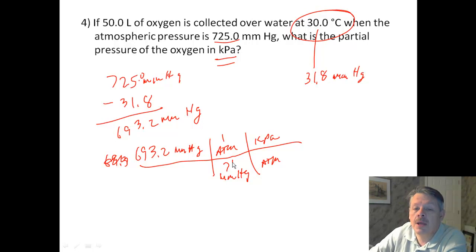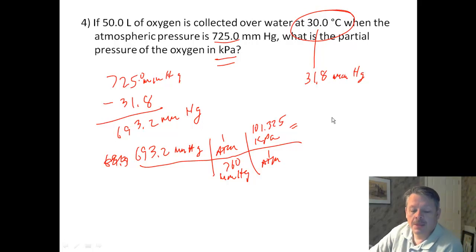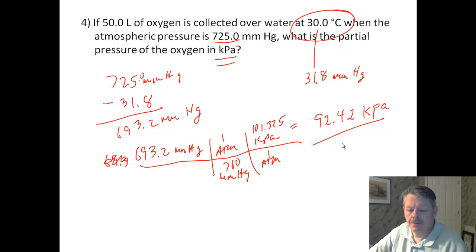And 1 atmosphere is 760 millimeters of mercury. 1 atmosphere is 101.325 kPa. So if I multiply that out, I get 92.42 kPa. Okay? All right. So that is number 4.